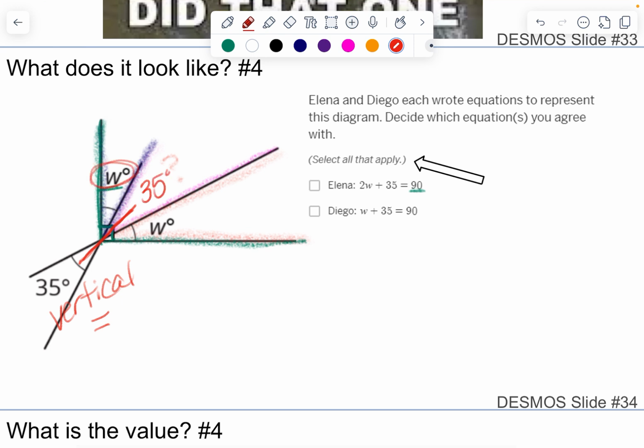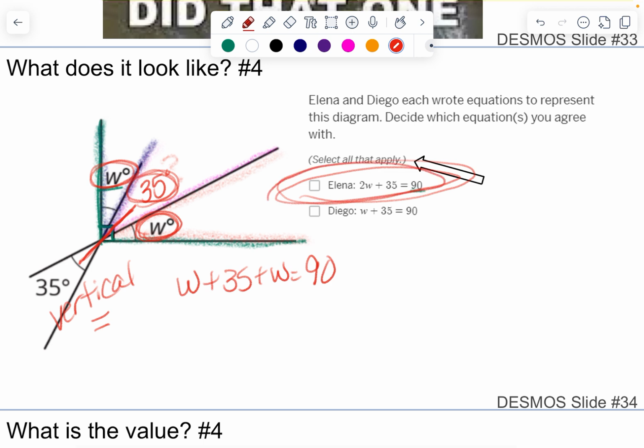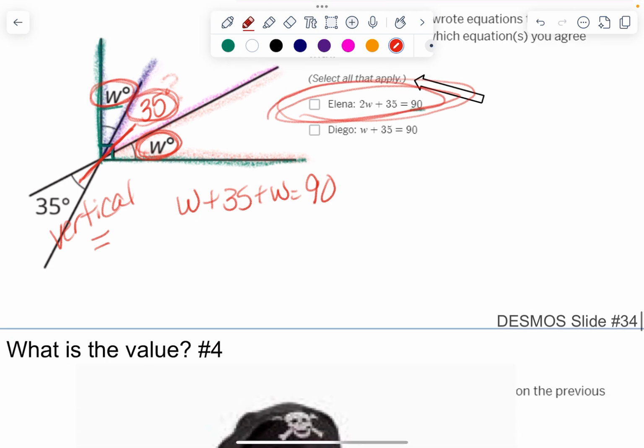So W plus 35 plus W equals 90 because they're all part of that corner. So again, Elena is right. And so we have 2W plus 35 equals 90.